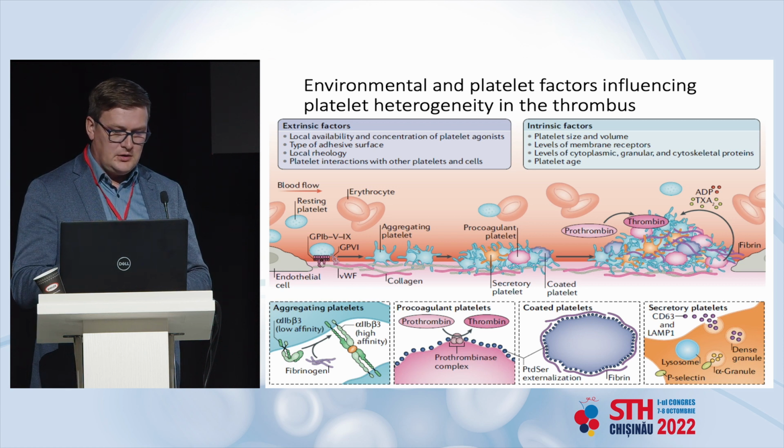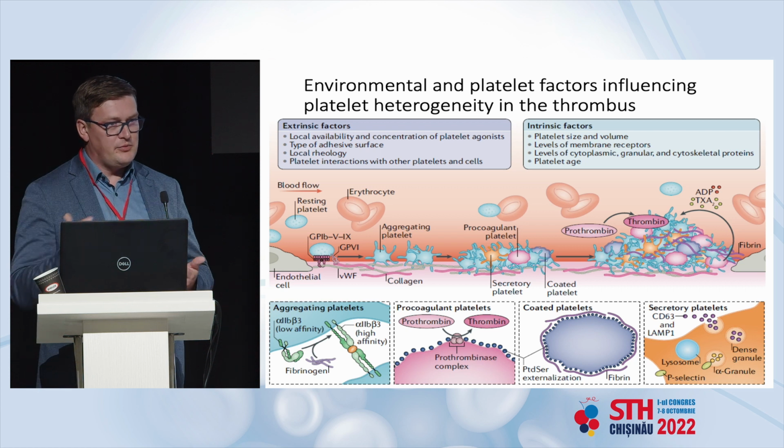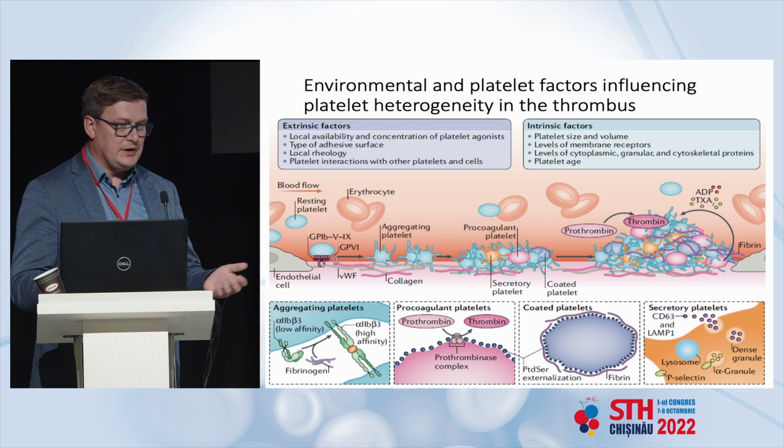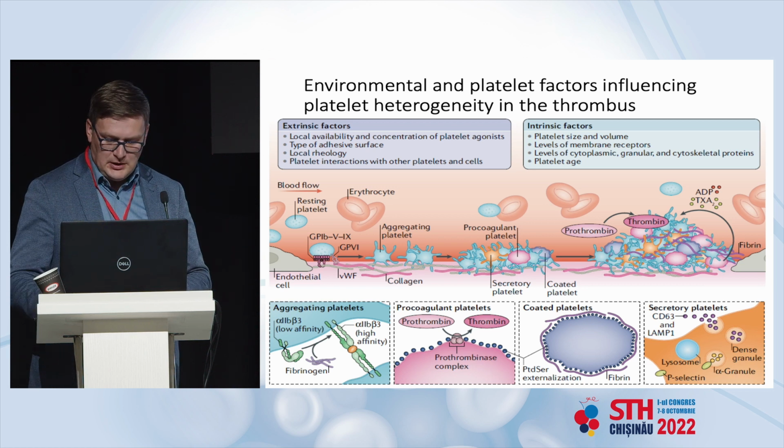Then there are coated platelets, which have fibrinogen molecules all over the surface and are responsible for keeping the structure of the thrombus. And there are secretory platelets, which secrete active metabolites and proteins into the environment and also take part in the thrombus formation.